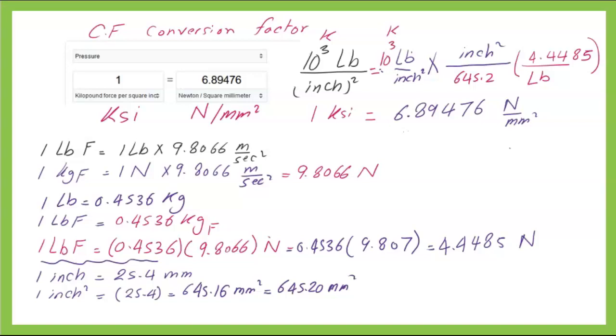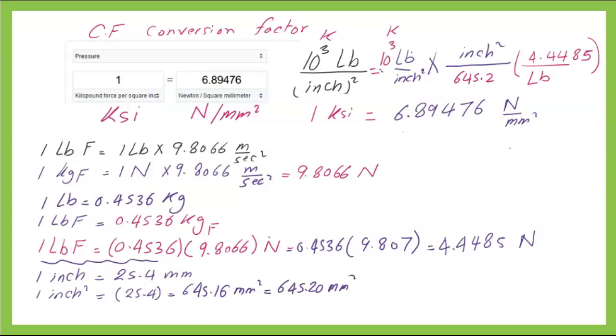Then the 1 pound force equals 0.4536 kilogram force. The 1 pound force will be equal to 0.4536 multiplied by 9.8066, or simply 4.4485 Newton.